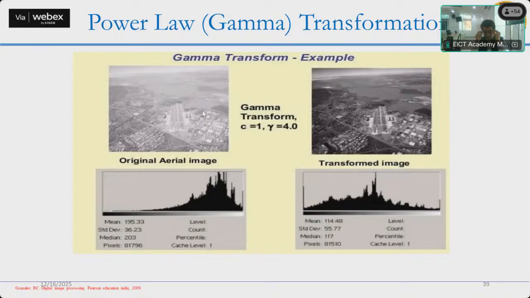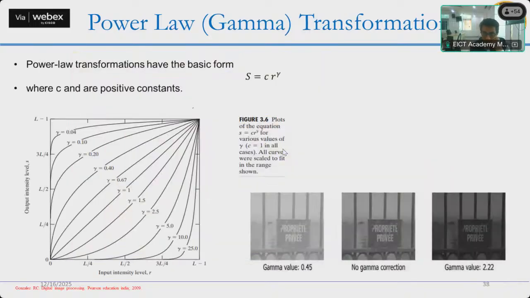What can be done? The thing which can easily be done here is to apply the gamma transform. It is the same function which you already took, with c equal to 1, s = c r^gamma.